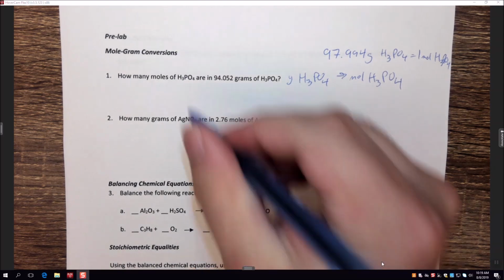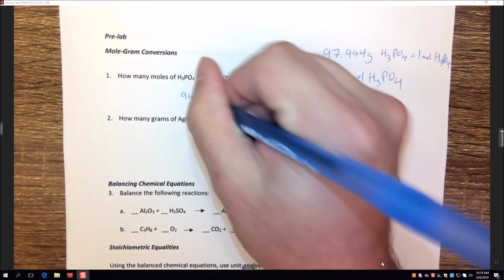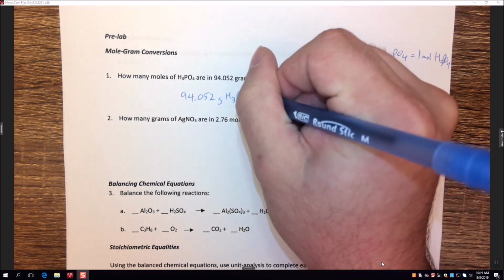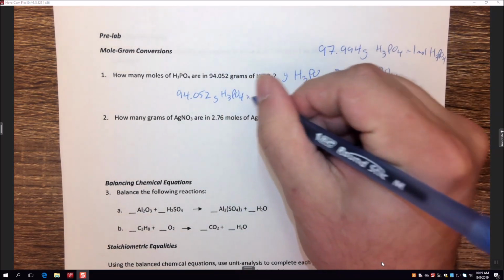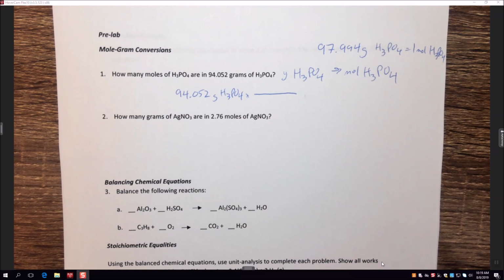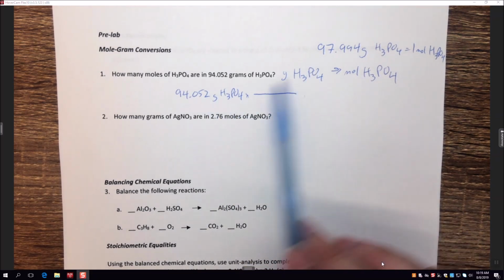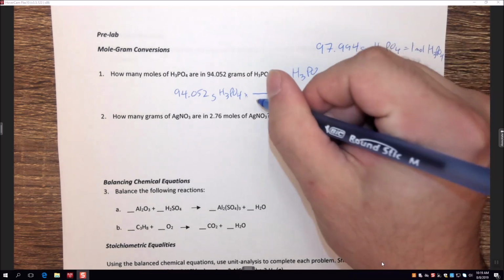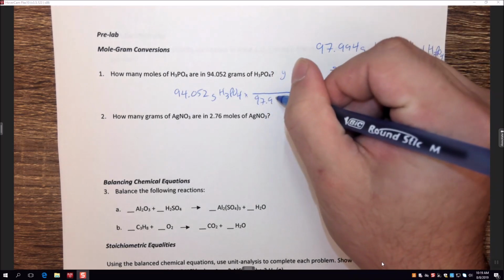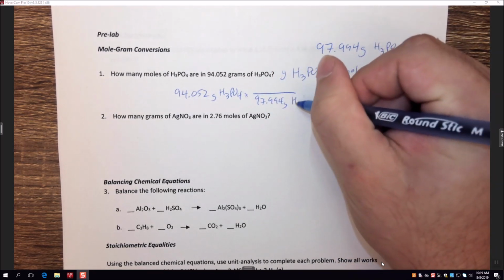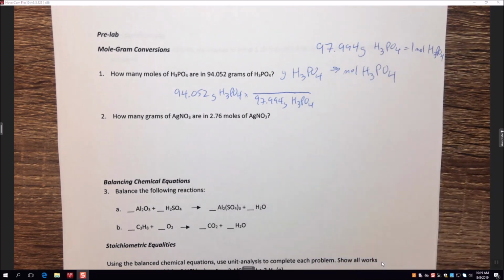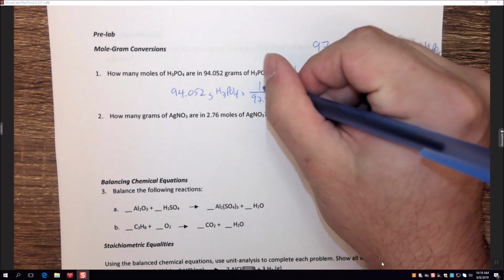So we start with what we're given, which is 94.052 grams of H3PO4, and we want to convert it to moles. So we want the grams to cancel out, so we want to put the grams in the bottom. Well, we know that we need to put 97.994 grams of H3PO4 on the bottom, and on the top, that's equal to 1 mole of H3PO4.